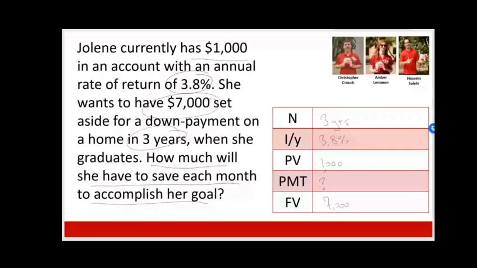It would be 7,000 because she currently has. Oh wait. So she currently has 1,000, but she can't use that, so that's what's negative. Yes, perfect. And another way to look at it is she wants to have 7,000. So she wants to be able to take 7,000 and put it in her pocket. So that one has to be positive.